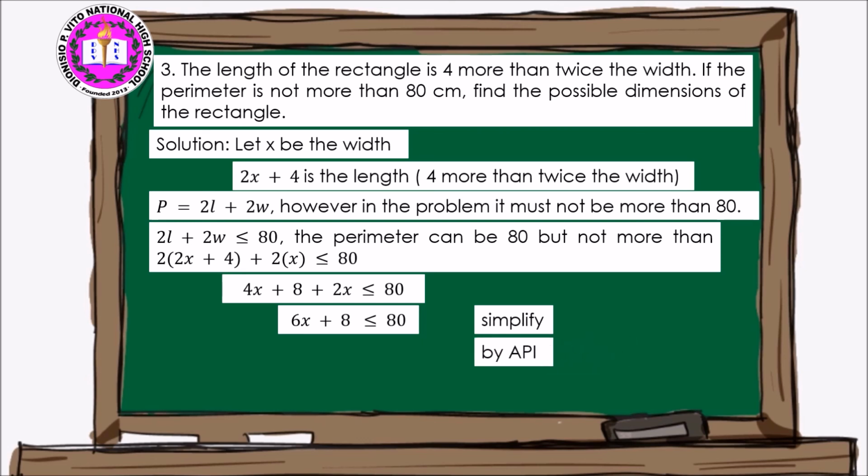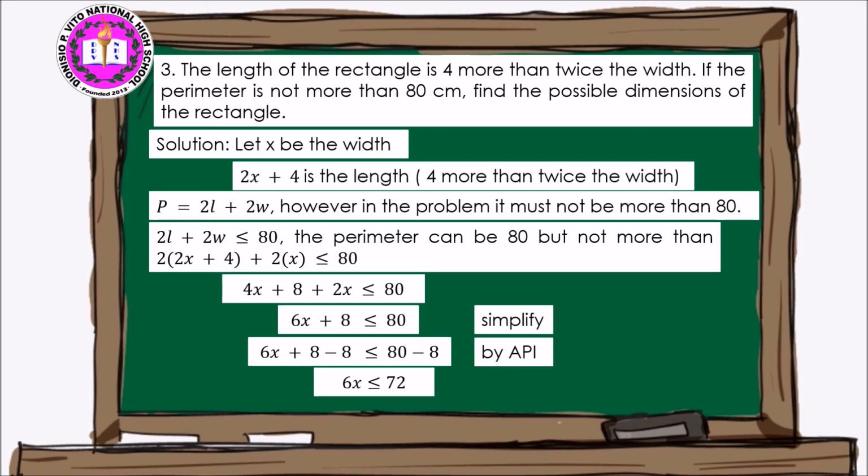So by API, we're going to get the opposite of positive 8, which is negative 8. Therefore, we have 6x plus 8 minus 8 less than or equal to 80 minus 8. So we have 6x plus 8 minus 8 is 6x, which is less than or equal to 80 minus 8, which is equal to 72.